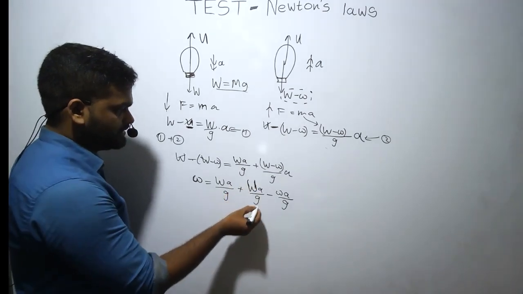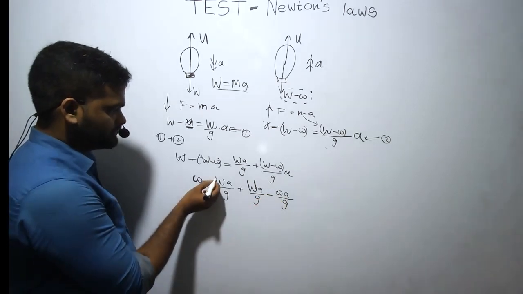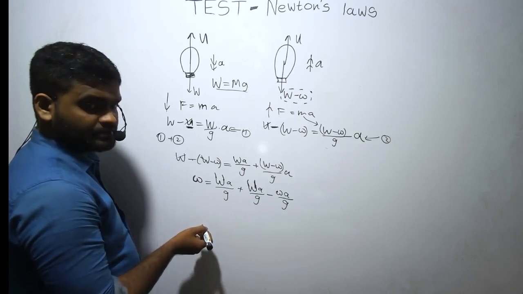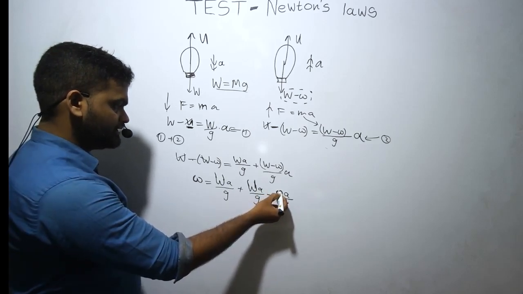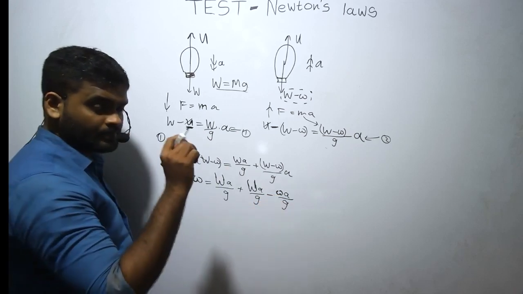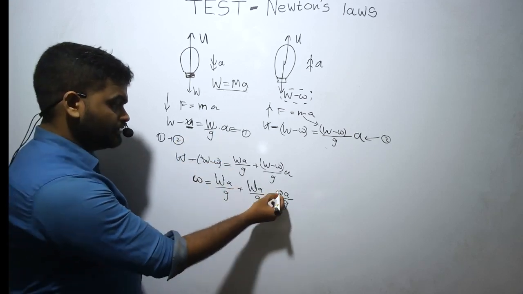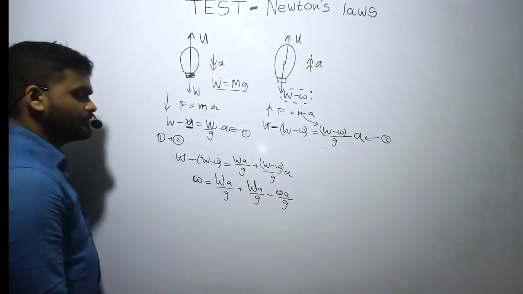Because this is capital W, this is simple W. That's why when you are writing the same letter, the shape should be different. That's why I put omega here.